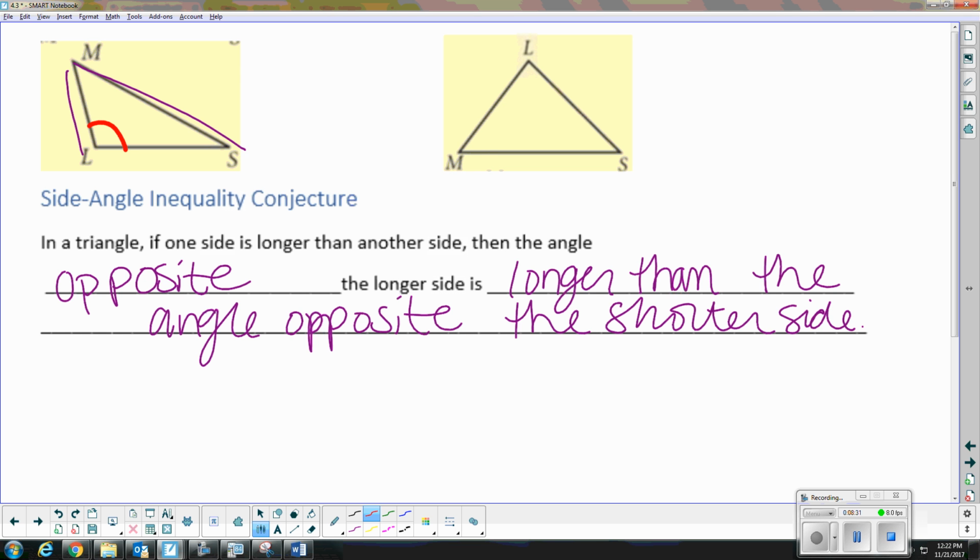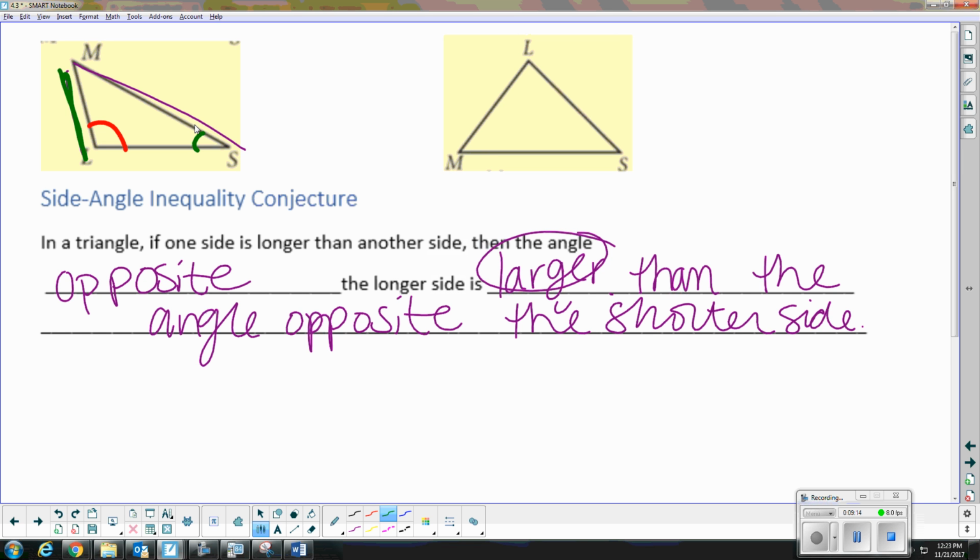The longer side is, this says longer, this should say larger. So angle L is opposite the longer side, so that angle is larger than the angle opposite the shorter side. So LM is the shorter side, so angle S is smaller, and MS is the longer side, so angle L is larger.